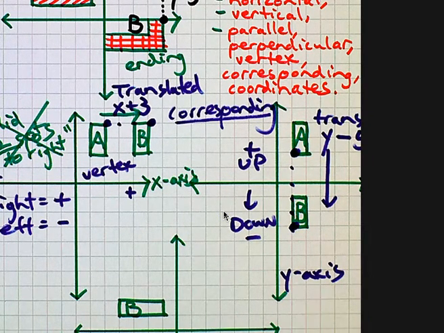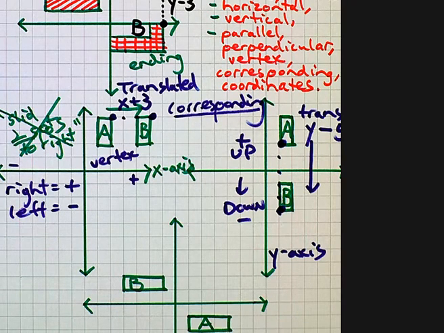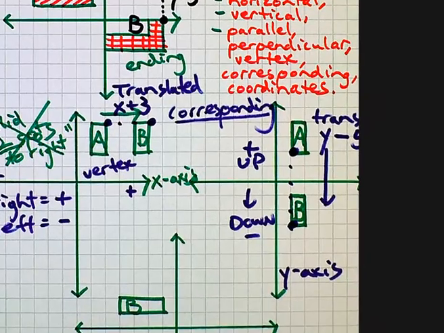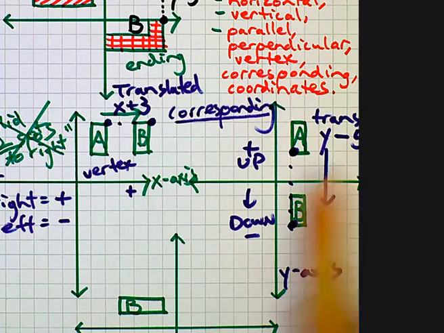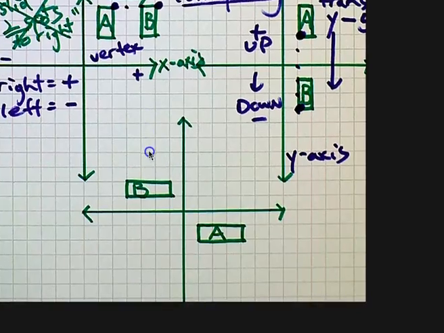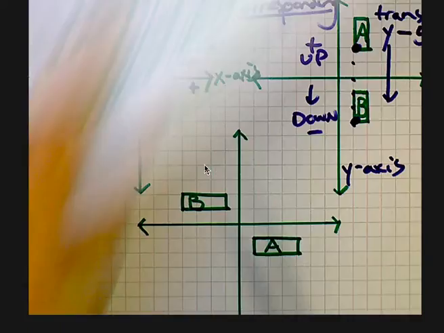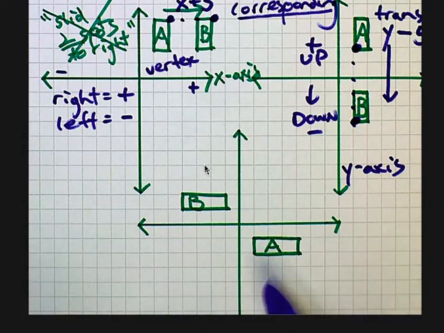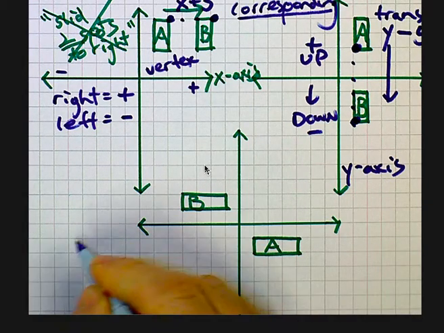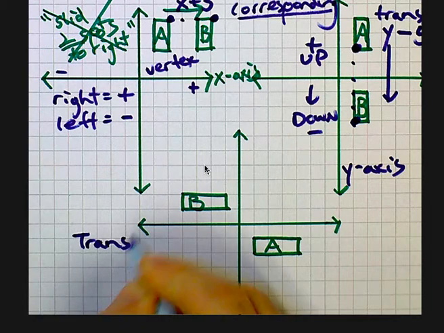There we go. In our second example, we did vertical movement. And now in our third example, we're going to do both. So to get from A to B, what happened? Well, of course, we translated because that's what this video is all about.